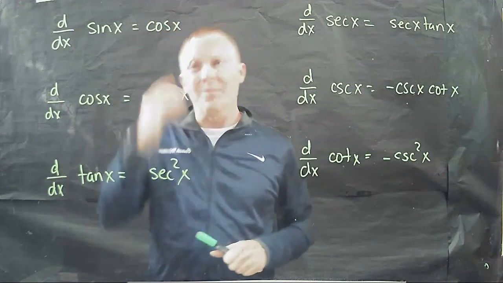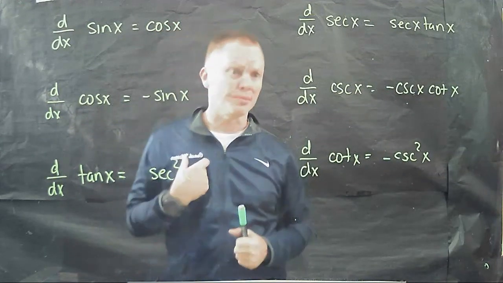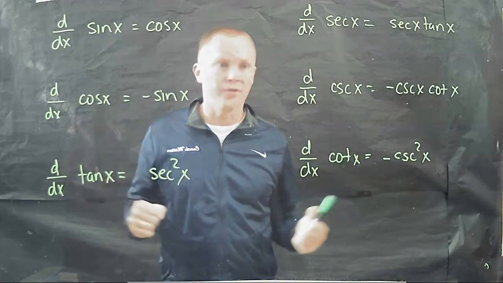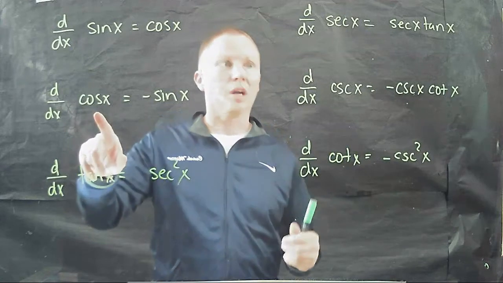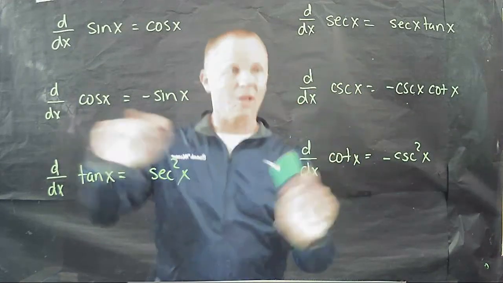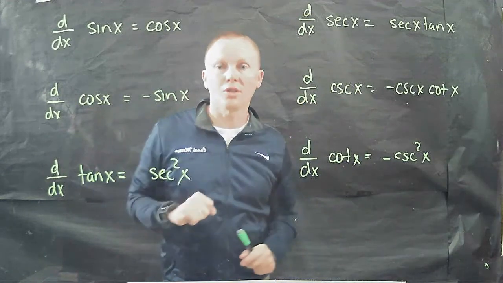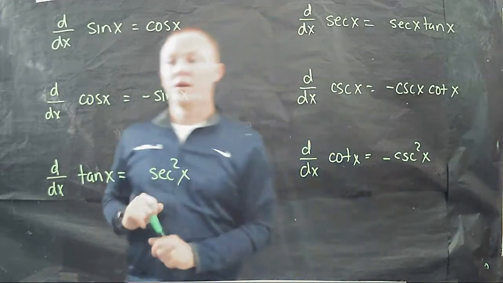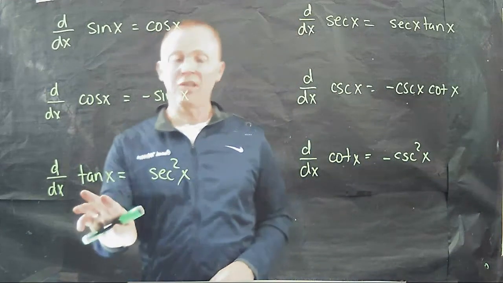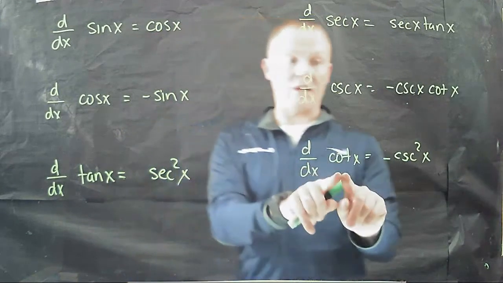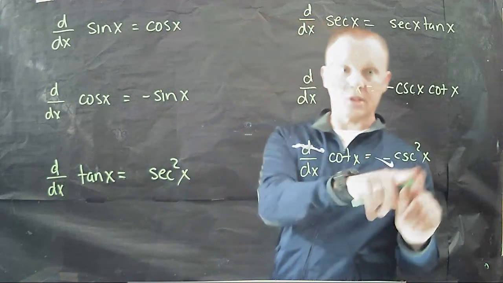Okay, here's some help on how to memorize them. The derivatives of all of the co-functions: cosine, cosecant, cotangent, are all negative. Okay, the derivative of tangent is secant squared. The derivative of cotangent is cosecant squared.